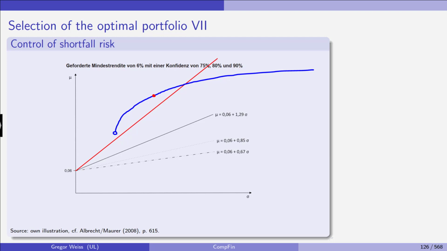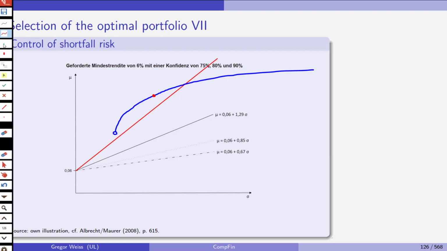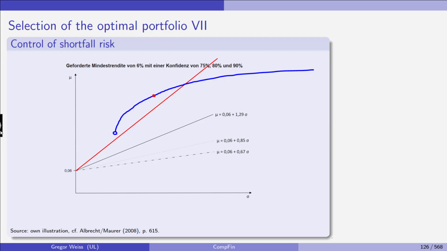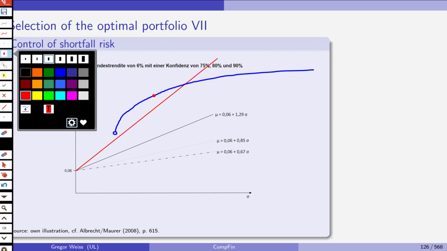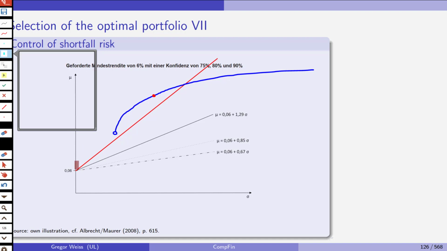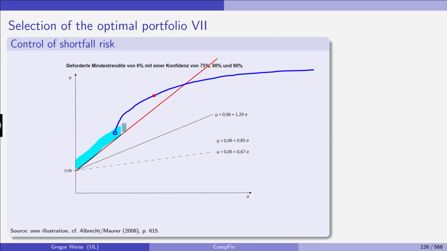But this also means that the only area that is feasible, sorry, switching the colors here, the area that is actually feasible is this.